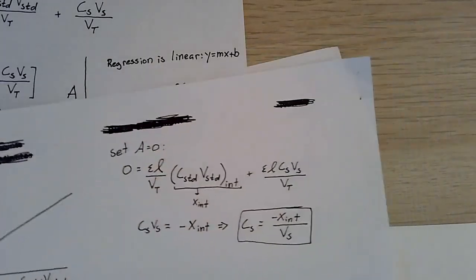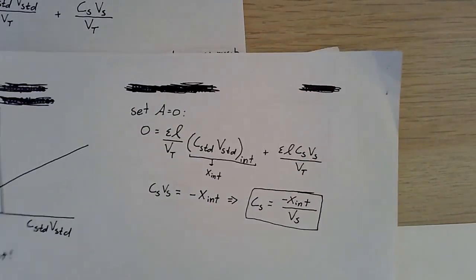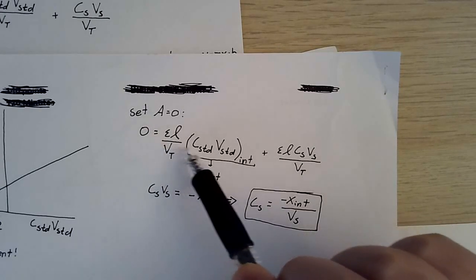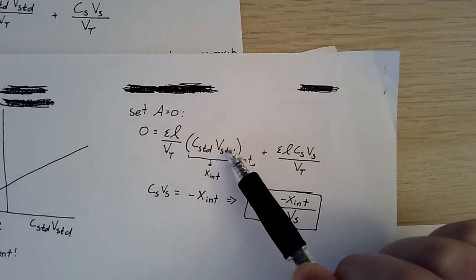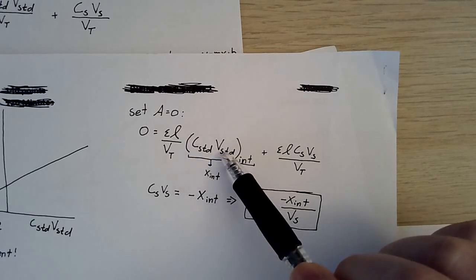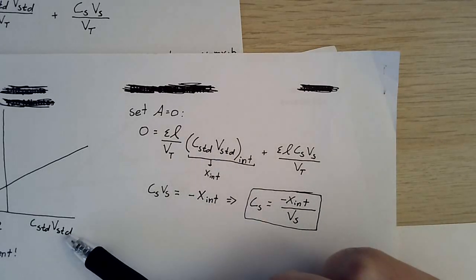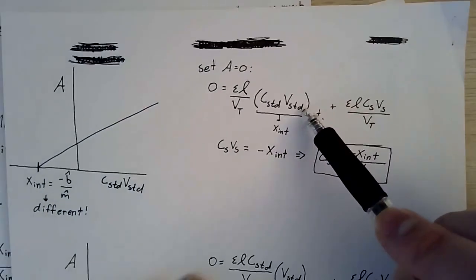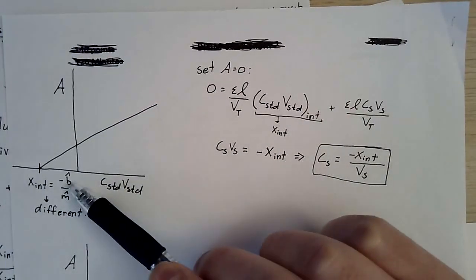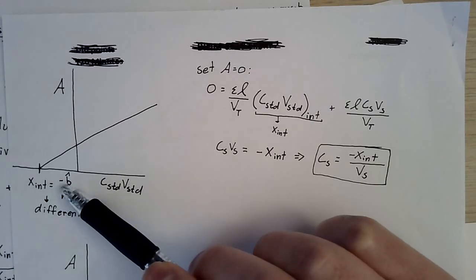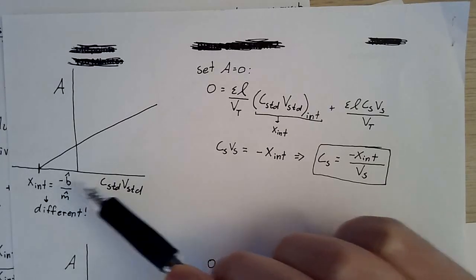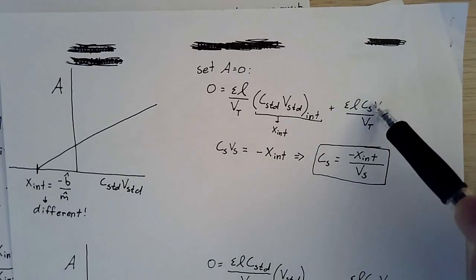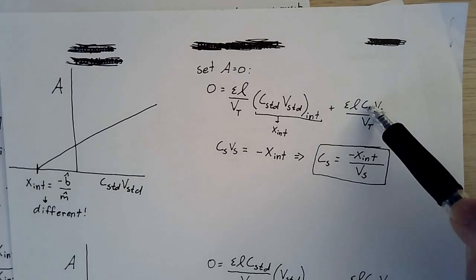Once again, we take our Beer's law expression and set the absorbance equal to 0. And we write that this is the horizontal axis value, C standard times V standard, from here. And so that will be equivalent to our x-intercept value, which again was the y-intercept divided by the slope, and negative. So we solve again for the quantity which contains the unknown concentration, Cs.